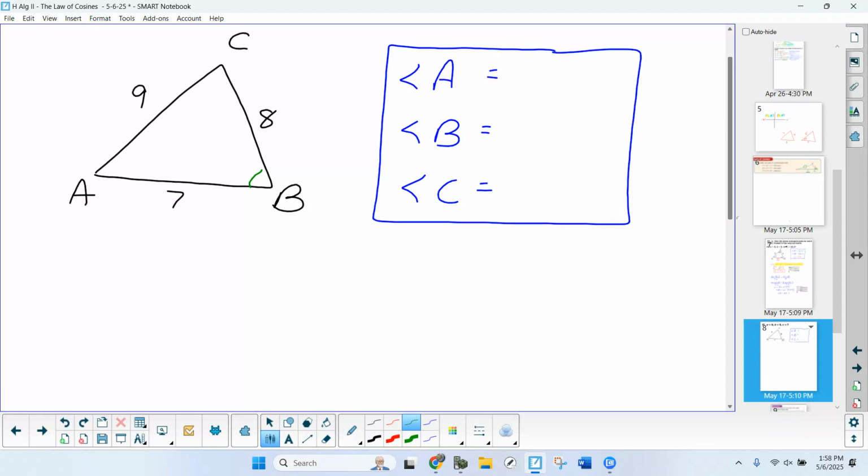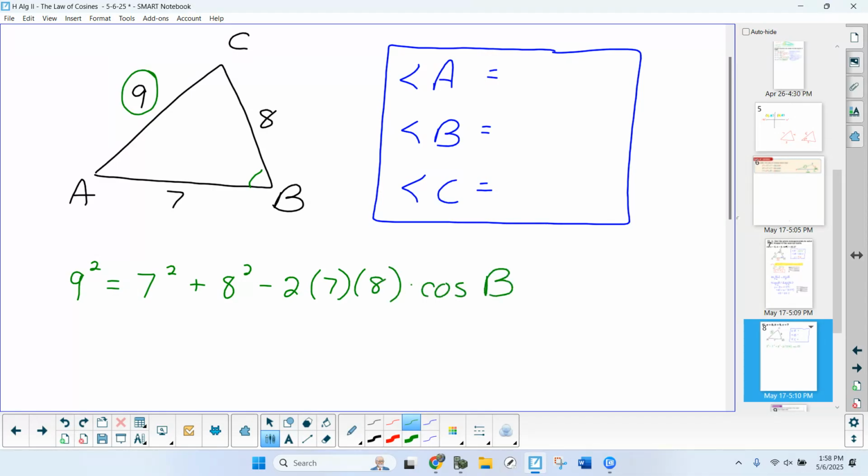Because I'm finding angle B, I'm going to go across and start with my 9. 9 squared equals. See if you guys can do it without flipping. 9 squared is equal to 7 squared plus 8 squared minus 2 times 7 times 8 times the cosine of B. Don't touch your calculator yet.